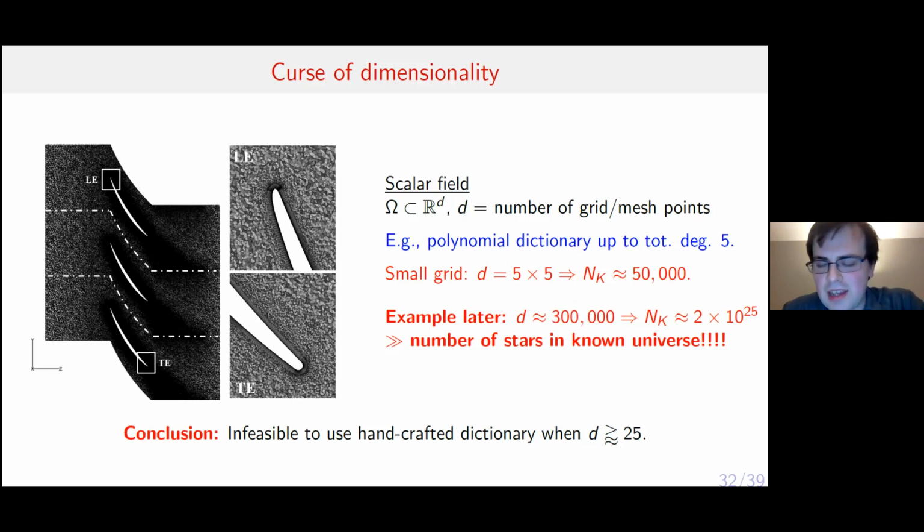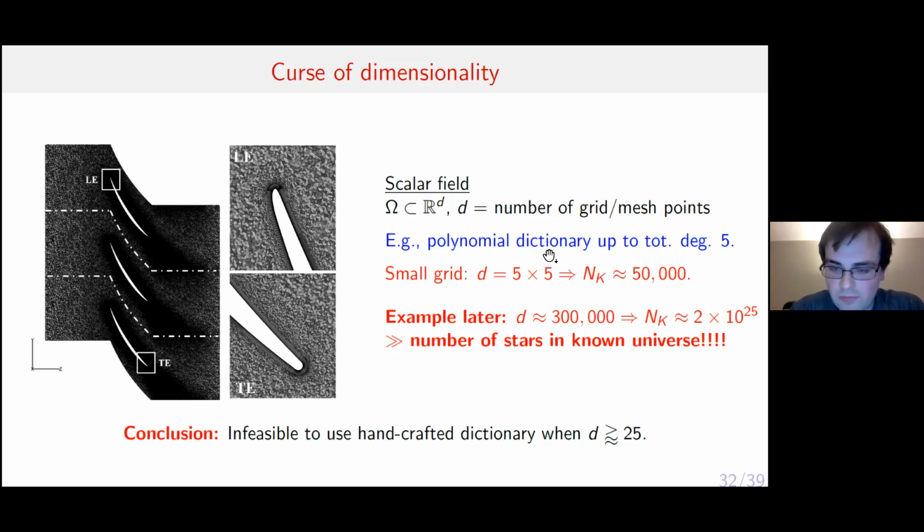And in that case, the discretized size is 2 times 10 to the 25, which is much, much bigger than the number of stars in the known universe, right? So there's no chance we can ever hope to deal with this size of discretization. So the conclusion from this example is that using handcrafted dictionaries is not really feasible when D is larger than about 25. So we need to do something else.